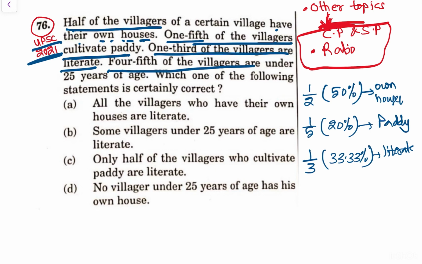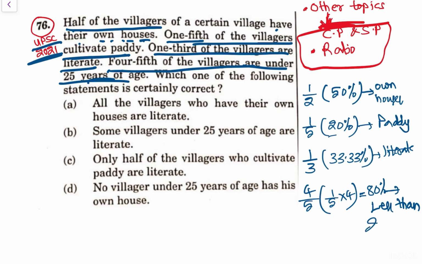Then 4/5 of the villagers are under 25 years of age. 4/5 is like 1 by 5 into 4. 1 by 5 is 20, so 20 into 4 is 80%. 80% of villagers are less than 25 years of age. ठीक है.